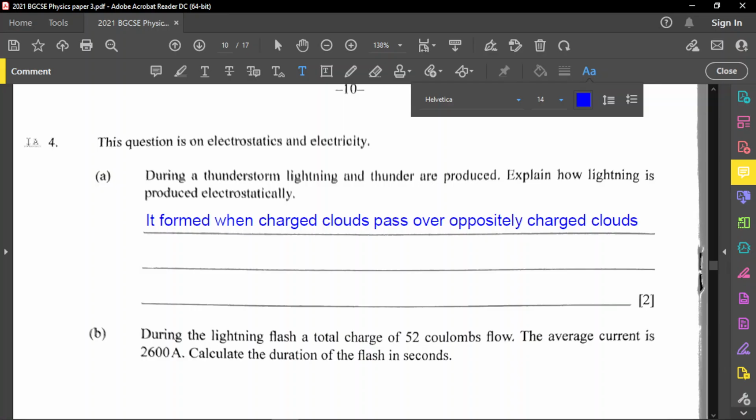And not just oppositely charged clouds alone, but also the earth as well, all right? Over oppositely charged clouds or the earth.